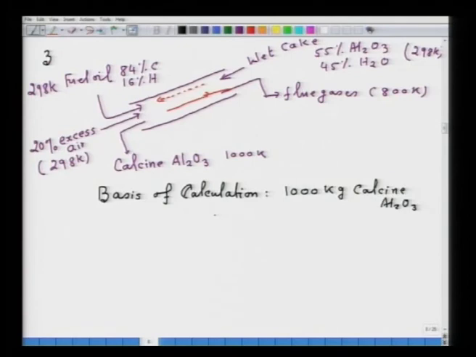Now, amount of fuel oil 200 kg is already given. Now, the various calcination reactions: 2 Al(OH)3 is equal to Al2O3 plus 3H2O. This is the calcination reaction.